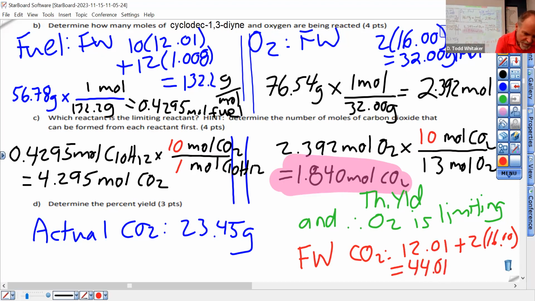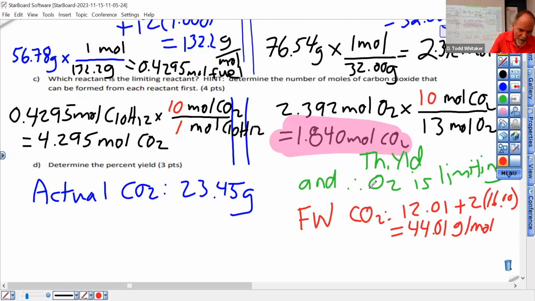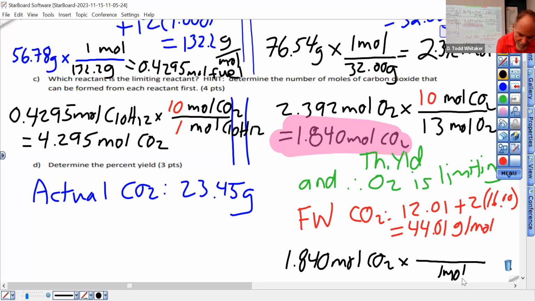And what are the units? Grams per mole. And we're going to take the moles up in 1.84 and make it into grams. 1.840 mole CO2 times 1 mole on the bottom. And how many grams on top?